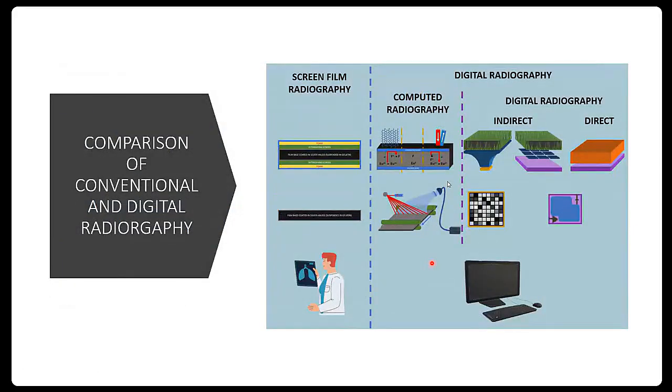So here is a picture of all three systems, that is the conventional system, screen film radiography, then the computed radiography system showing the physics of computed radiography, and finally the digital radiography system in which the indirect conversion and the direct conversion are clearly shown.